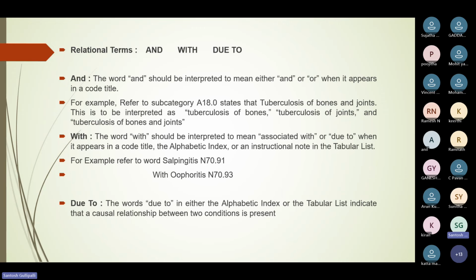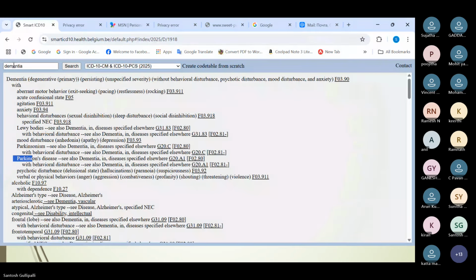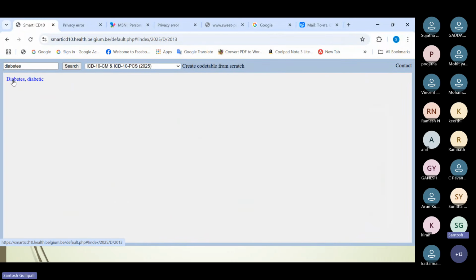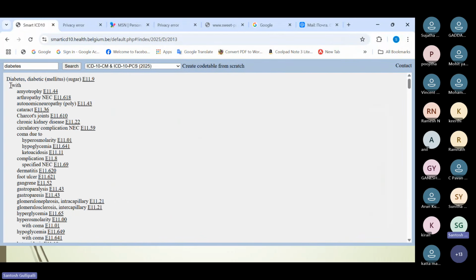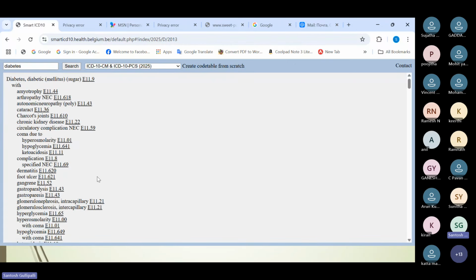For example, in diabetes, under "with" there are many conditions. For example, the patient comes with gangrene, or the patient has chronic kidney disease. If the patient has diabetes, then by default you can consider it a complication of diabetes.